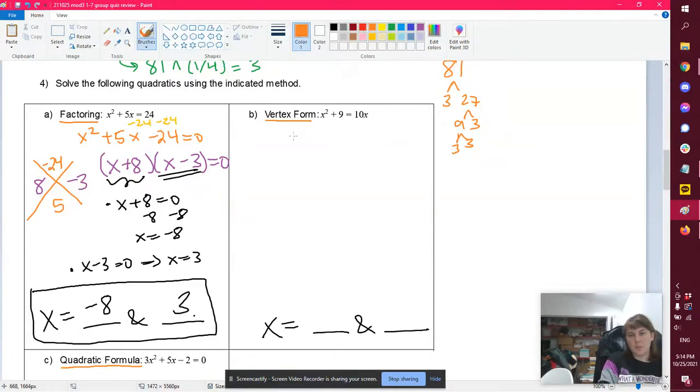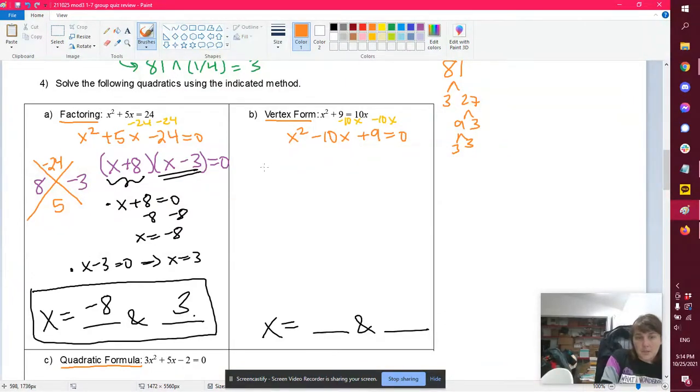For vertex form, again, same thing. The first step is to set equal to 0 by subtracting 10x from both sides. I'm also going to put the negative 10x in the middle, because I'm used to looking at it as x squared, x, and the number, and I want to keep that going, right? That's how all our steps are, so that's how we should do it.